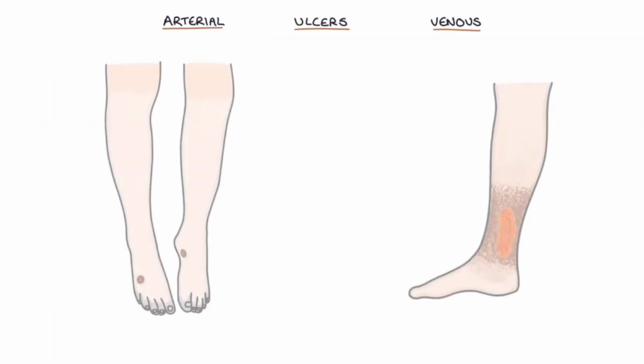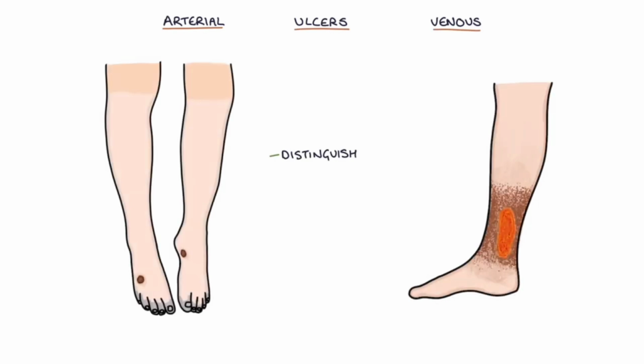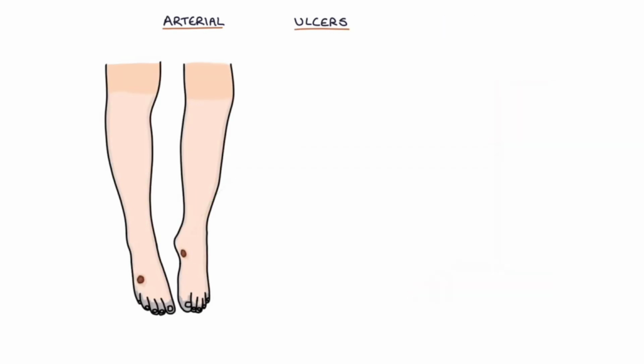Let's move on to talking about arterial and venous ulcers. There's some key features that can help you distinguish between arterial and venous ulcers. Typically, arterial ulcers occur distally, affecting the toes or the dorsum of the foot or the back of the foot.